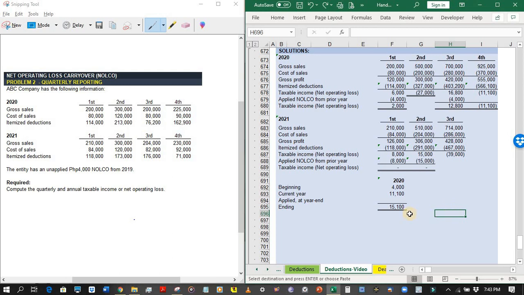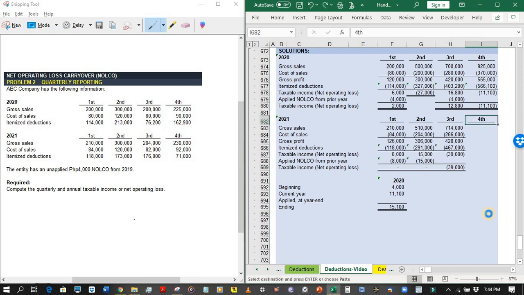So this means that the 15,100 NOLCO is still available for the fourth quarter filing in case the fourth quarter resulted to a taxable income. So for the third quarter, we have a net operating loss of 39,000 pesos. And again, the 39,000 pesos will not be added to the 15,100. Again, because this might be reversed during the fourth quarter information for 2021. So let us now compute for the fourth quarter information.